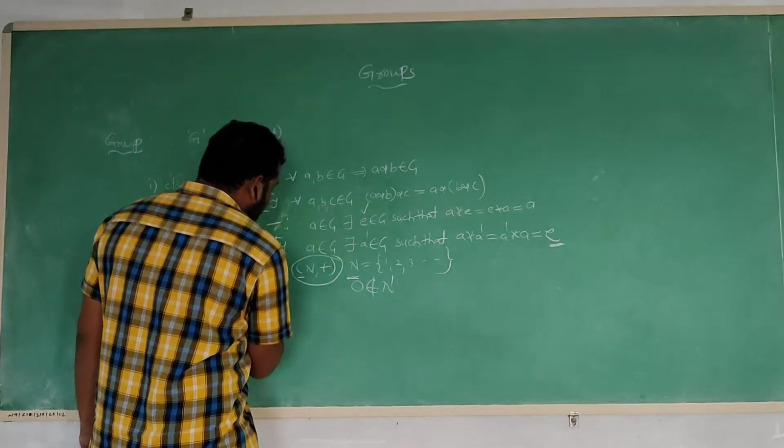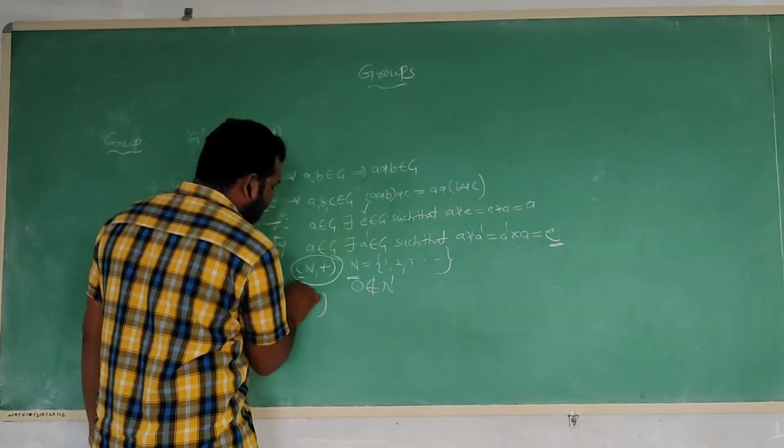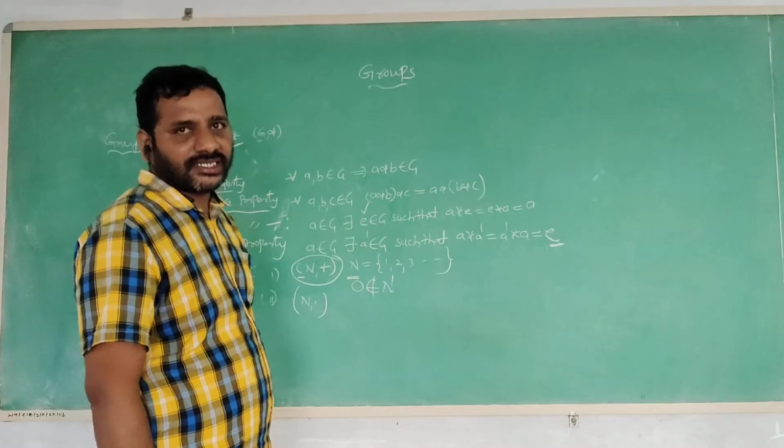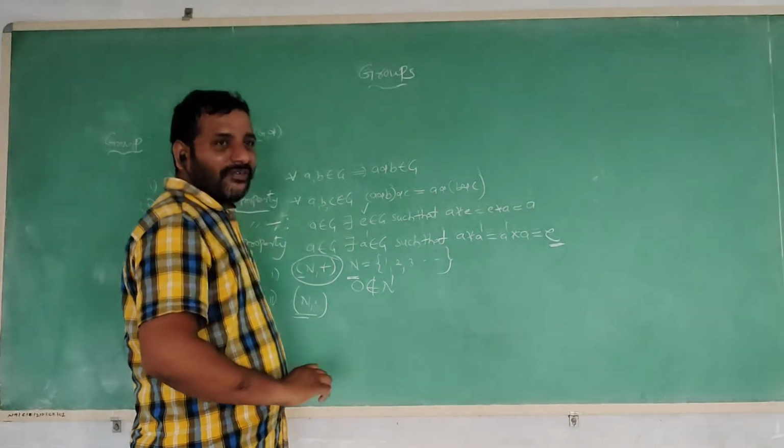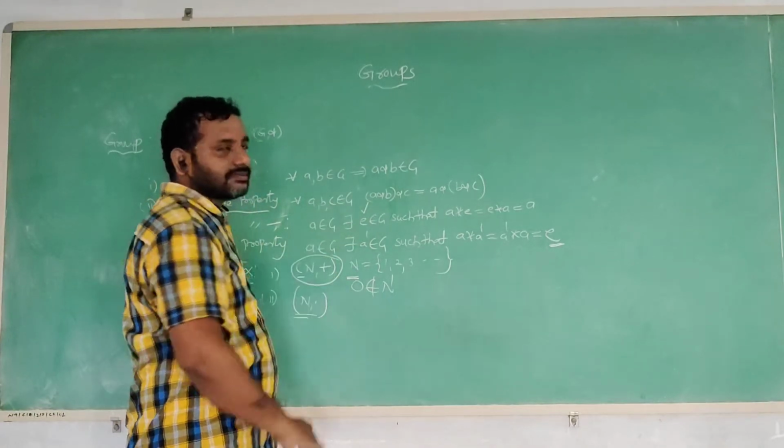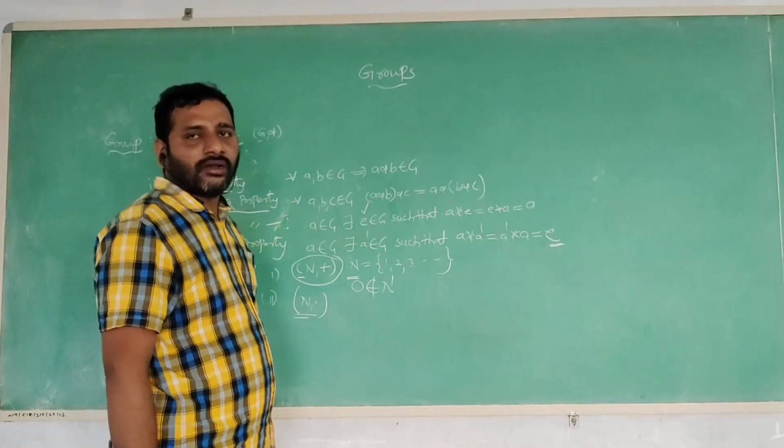Next, example 2: is (N, dot) a group or not? I want to test it. (N, dot) is a group if it satisfies the four properties.